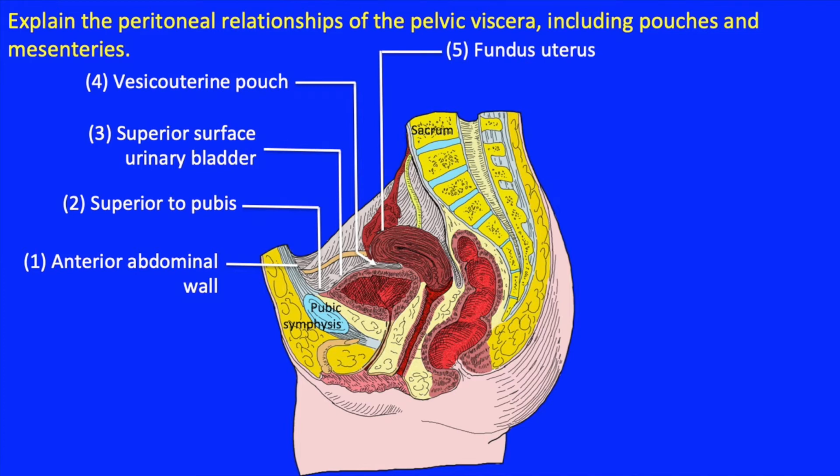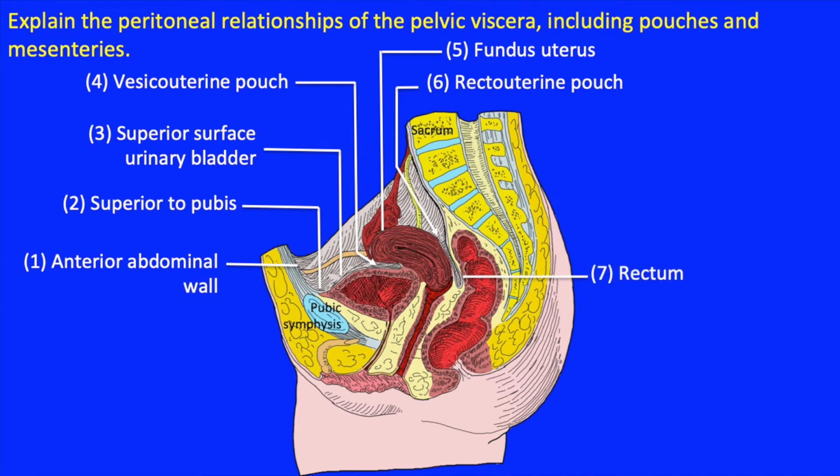From here, the peritoneum covers the fundus and body of the uterus and contacts the wall of the posterior part of the vaginal fornix. The peritoneum again turns on itself to form the rectouterine pouch, or as it is known clinically, the pouch of Douglas.